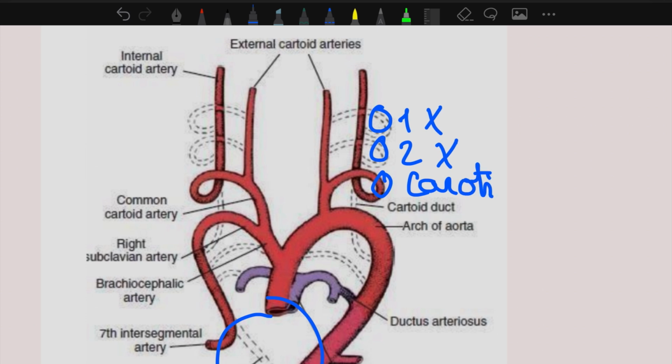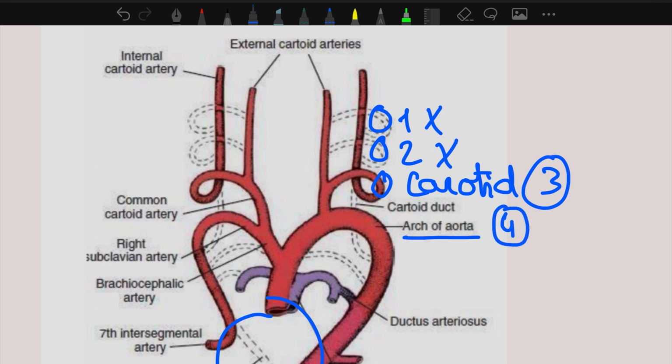And then the third one will give the carotid arteries. And the fourth one will give the arch of aorta, and you have to know this. So the fourth aortic arch, or the fourth artery, will give the arch of aorta.